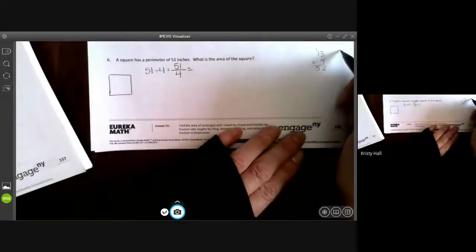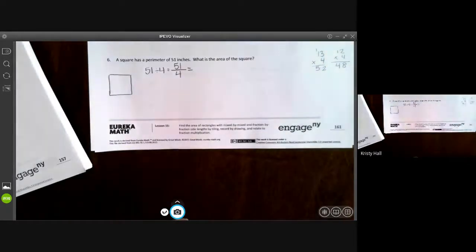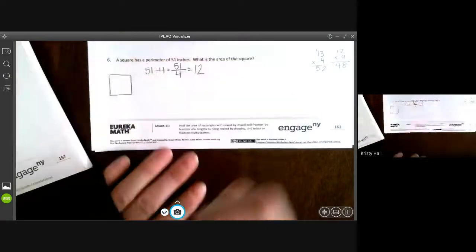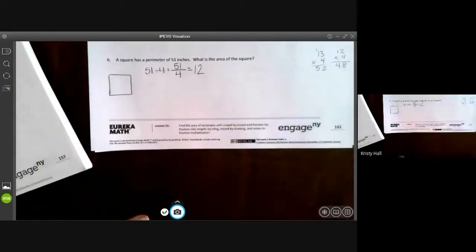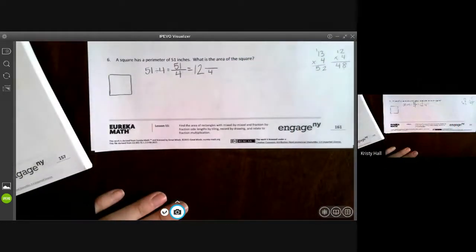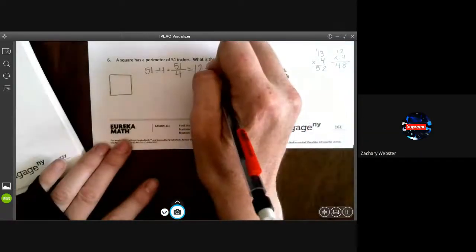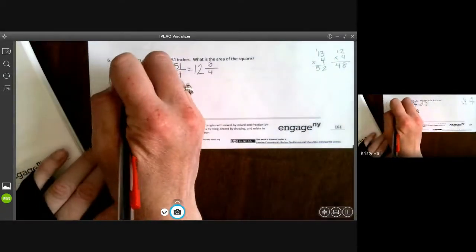Let's check it out. 12 times 4. 4 times 2 is 8. 4 times 1 is 4. 48. That works. So our whole number is going to be 12. We had 51. We used 48. So what's left over? 3. Okay. So that means each side is 12 3/4.